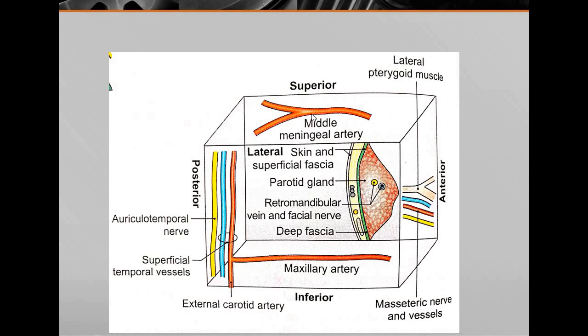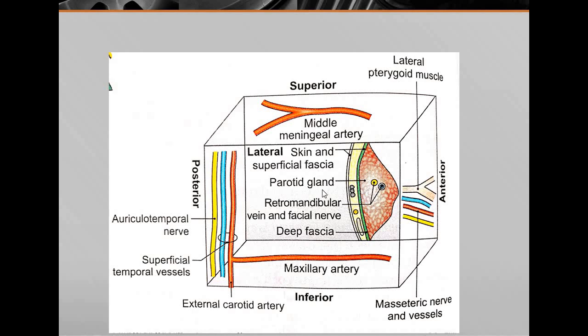Superiorly, it is related to the middle cranial fossa, along with the middle meningeal artery and middle meningeal vein. Inferiorly, you get the maxillary artery.